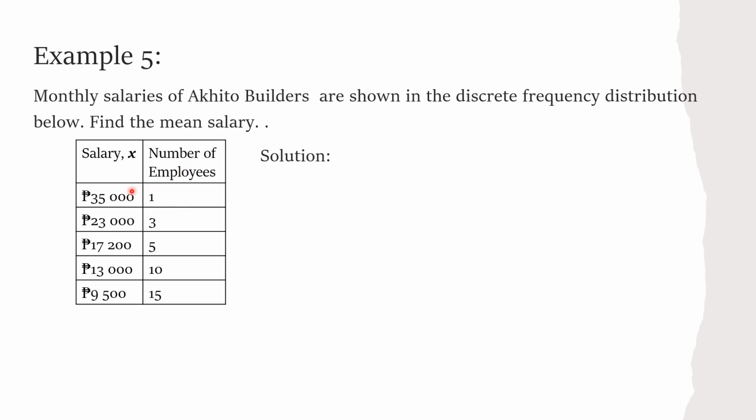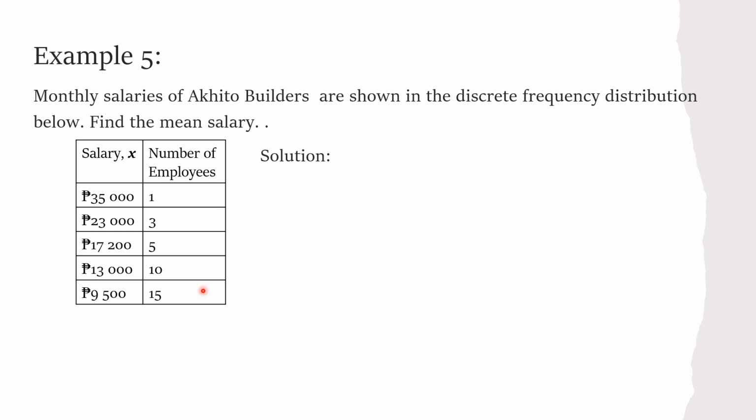So at 35,000 there is 1 employee. At 23,000 there are 3 employees. At 17,200 there are 5 employees, and on the next there are 10, and on the last there are 15 employees whose salary is 9,500 each.